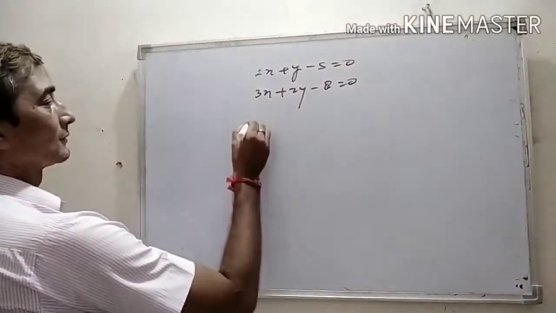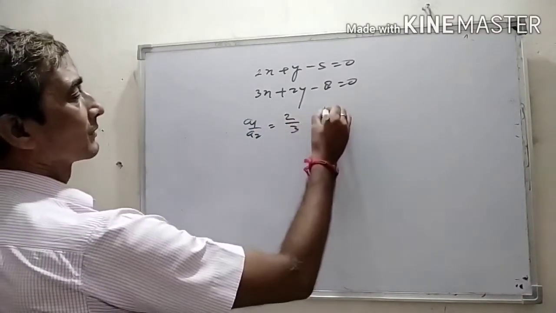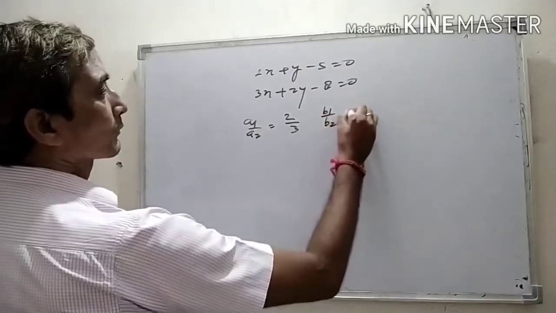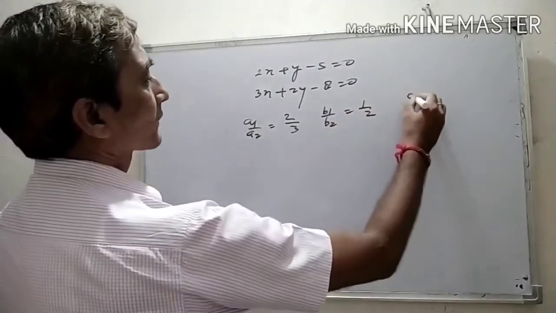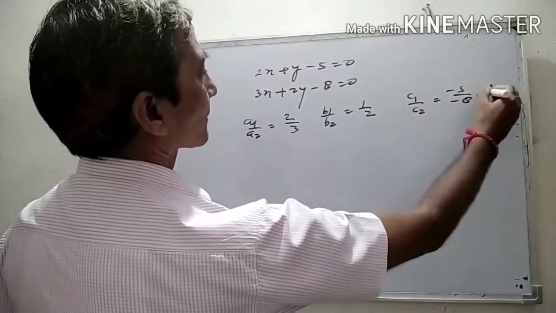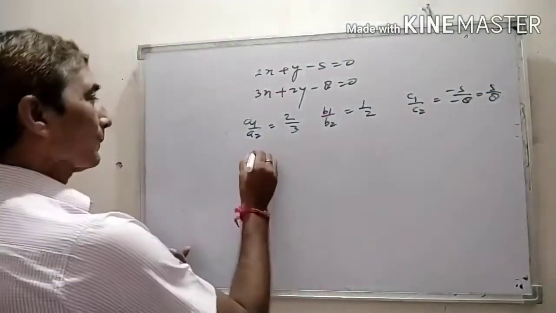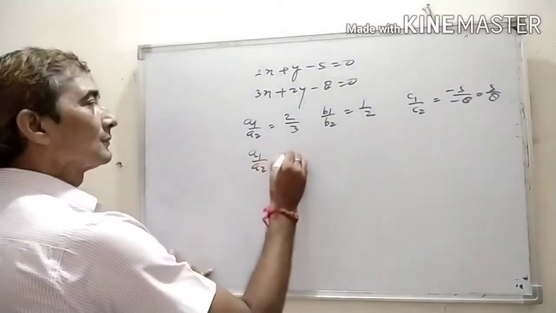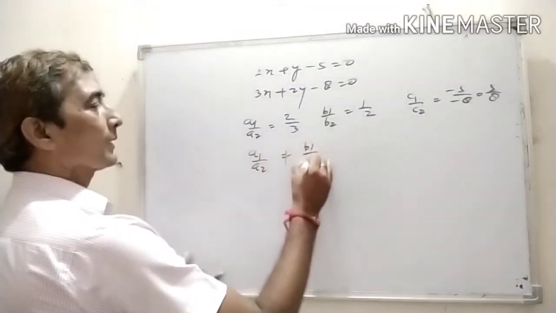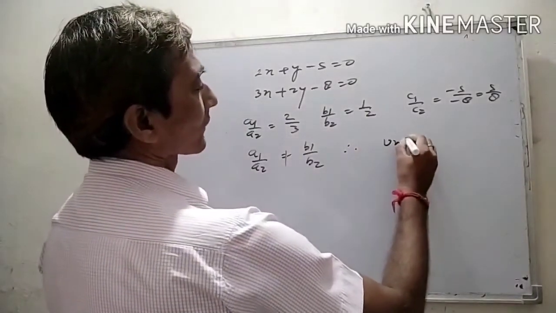Now a1 upon a2 equal to 2 by 3, b1 upon b2 equal to 1 by 2, c1 upon c2 equal to minus 5 by minus 8, that is 5 by 8. Students, you will see that a1 upon a2 is not equal to b1 upon b2. Therefore, unique solution.